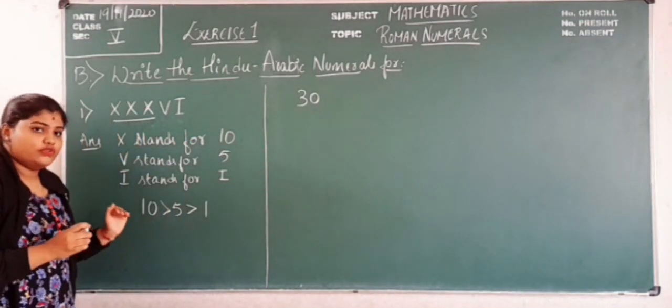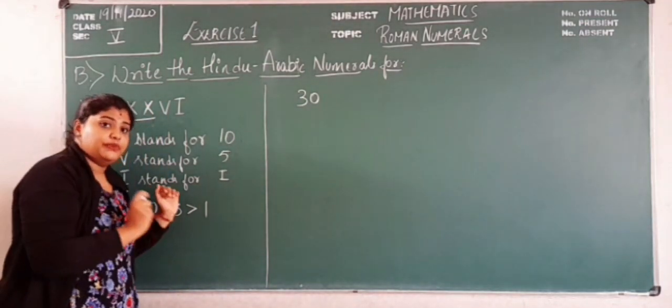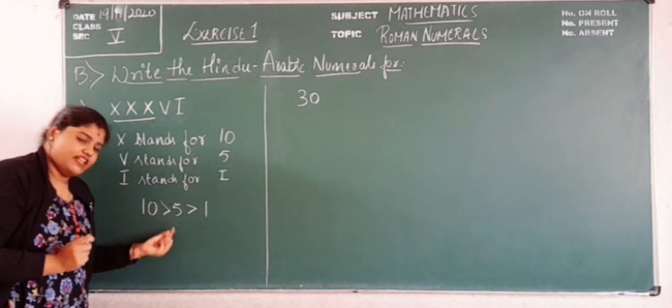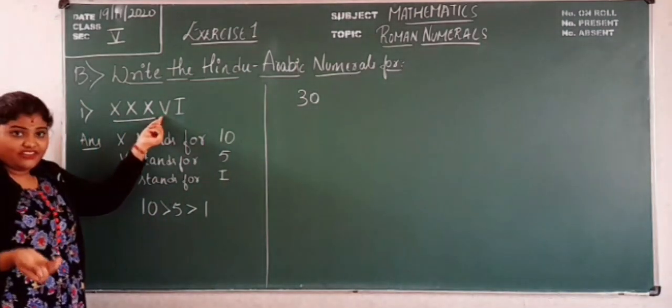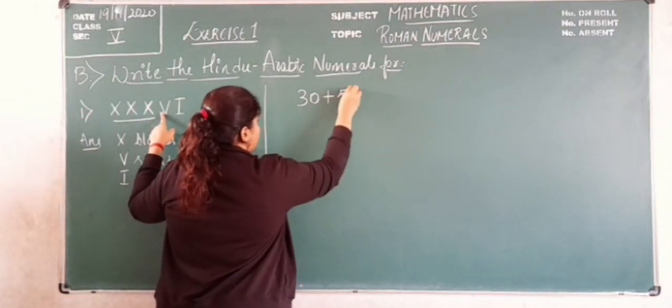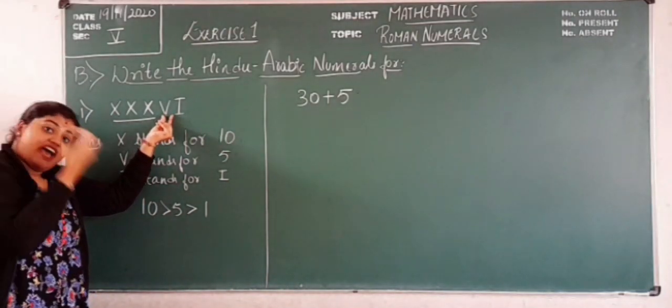And we also know the rule, that is if we write a smaller value after a greater value, it means addition. We have seen this, 10 is greater than 5. So I am adding 5, because here the smaller value, that is 5, is written after 10.